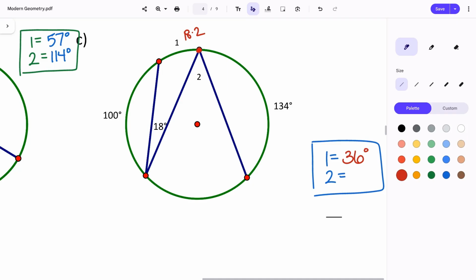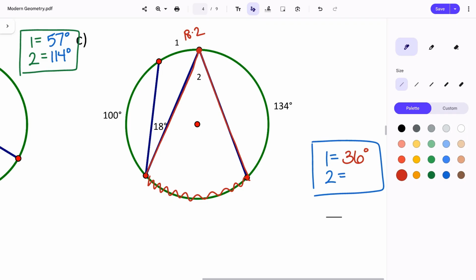So if this is my vertex up here, and I come down on my sides, this would be the arc that I'm intercepting. Do we have that measurement? Mm-mm. Could we find it? What'd you say, Anna? Is it 108? How would you get here? Can you tell me what you were doing? Would you do 100 plus 18 plus 134 minus 180?